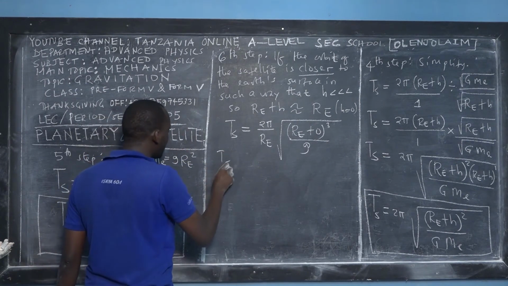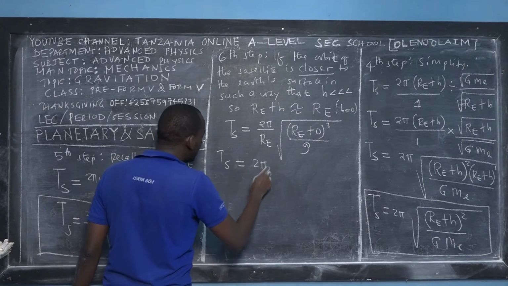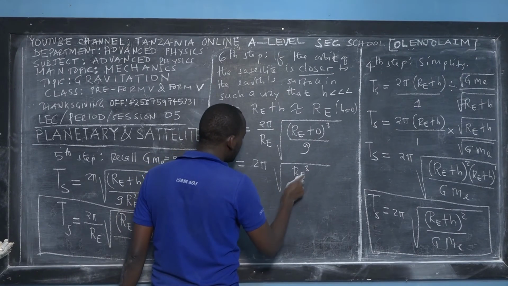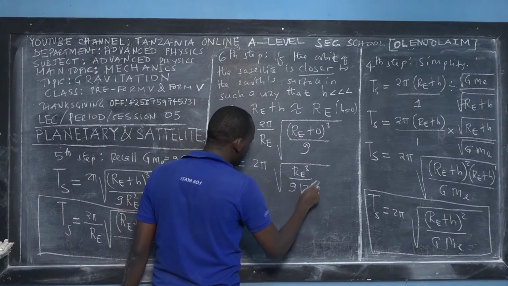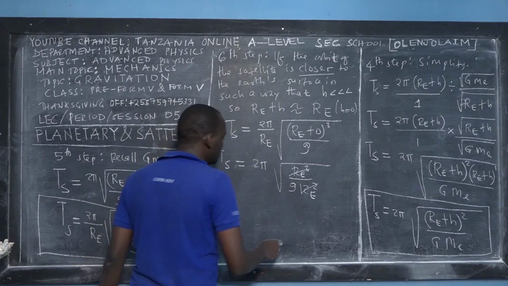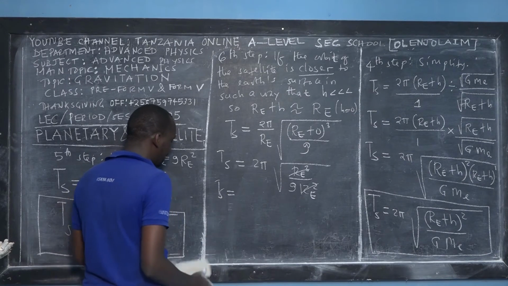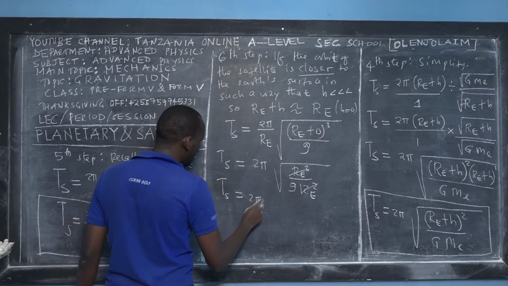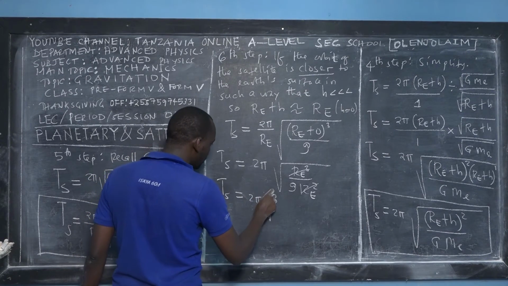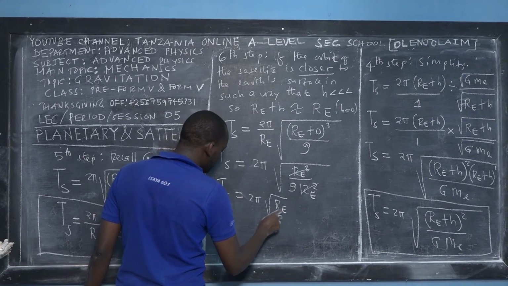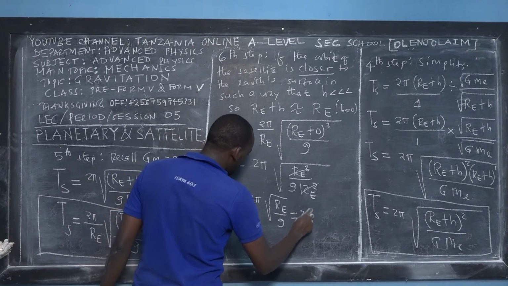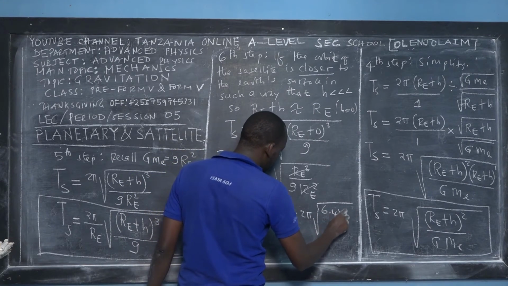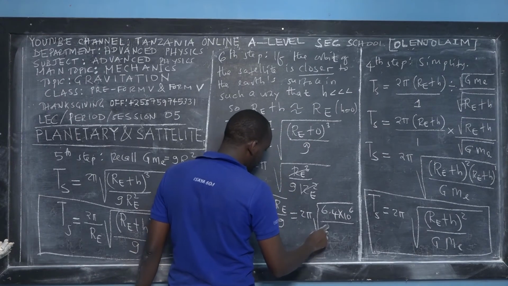So then we get twice pi, and in the numerator we get radius of the Earth cubed over g times radius of the Earth squared. So we simplify, and then the period of the satellite is equal to twice pi times the square root of the radius of the Earth over the acceleration due to gravity. This is equal to twice pi times the square root of 6.4 times 10 to the power 6 over 9.8.